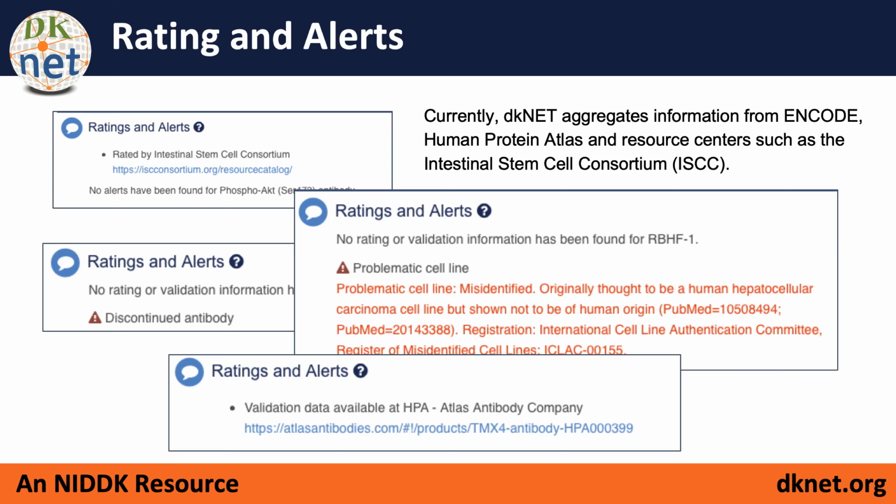For the ratings and alerts above that, we show information on a problematic cell line. And so again, we're trying to make these easily visible to the user when they come in and look at one of the reports for one of the resources that they're using or planning on using.